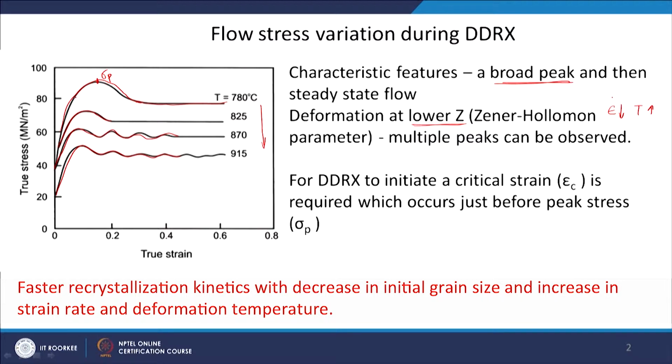So the dynamic recrystallization must have been initiated somewhere before this point, but we are not sure which strain that is right now. We will find out how I can determine that. Let us say that is some critical strain.